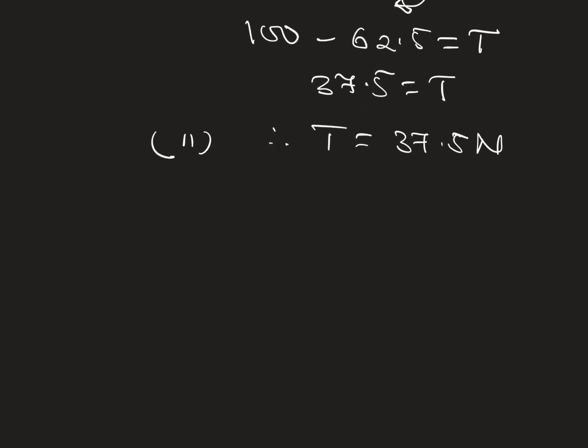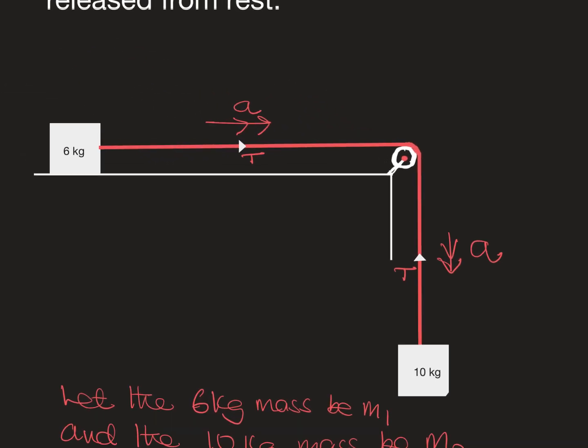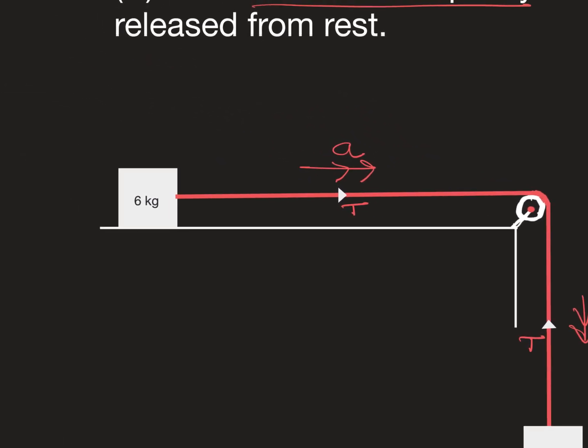Now, let's go in for the third question, which says the reaction on the 6 kilogram mass. What you have to understand about the reaction is it is the perpendicular force that is acting on the object. We call that R.